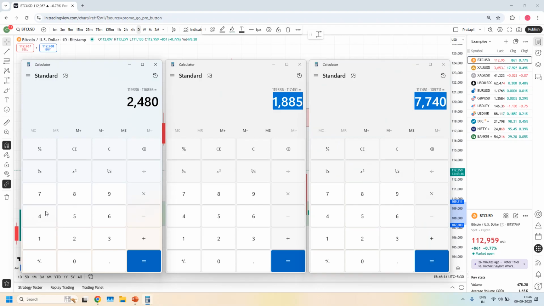For 1:1, 7740 divided by 1885. You would have got 1:4.1 reward. For one risk, 4 times reward you are getting, or 4.1 times. Or in round figures, for one risk, 4 times reward you would have got in this trade.